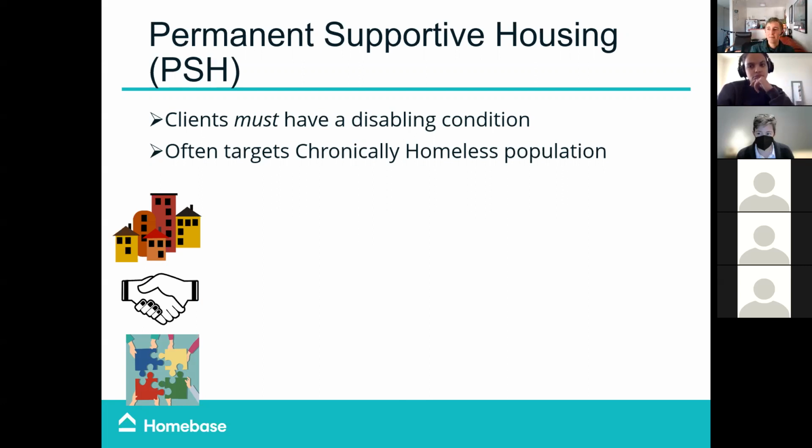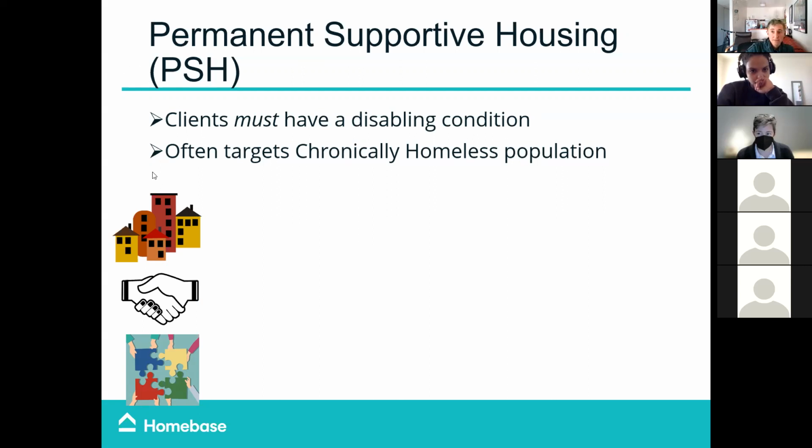So if you hear PSH, it's permanent supportive housing. For COC funded permanent supportive housing, every client must have a disabling condition. That is a baseline, something that we expect to be true about COC funded permanent supportive housing always.